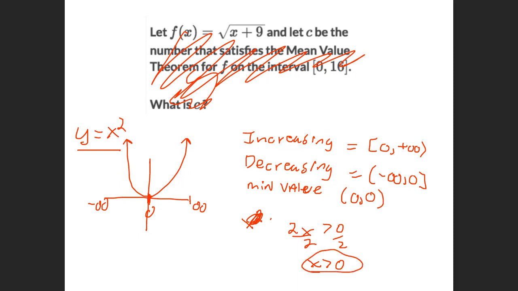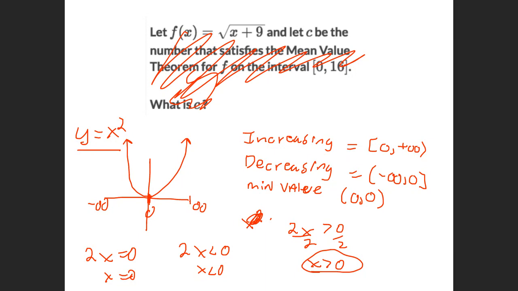So that's where it's increasing. If I want to know where it's decreasing, I would just say, okay, the derivative is less than 0 because that means it's decreasing. So x is less than 0. Okay. Where is the minimum value? Well, if I set 2x equal to 0, x equals 0. So we can take a derivative and find out where it's increasing and decreasing.